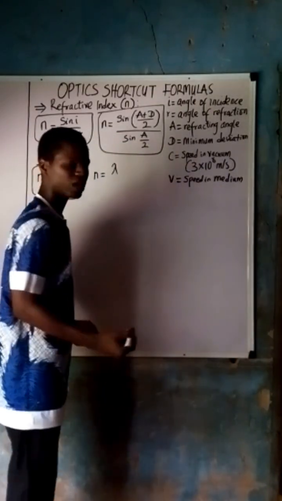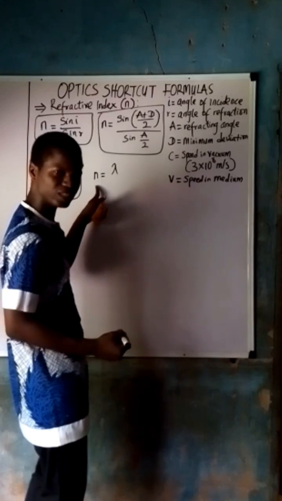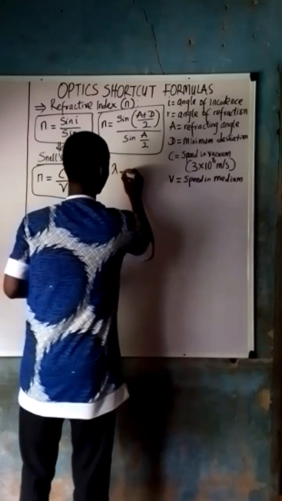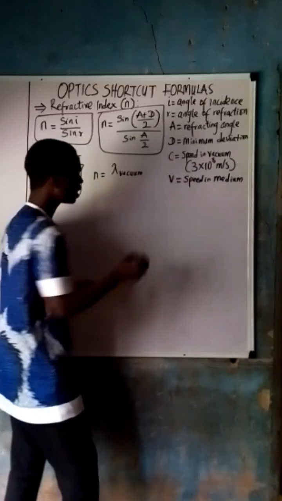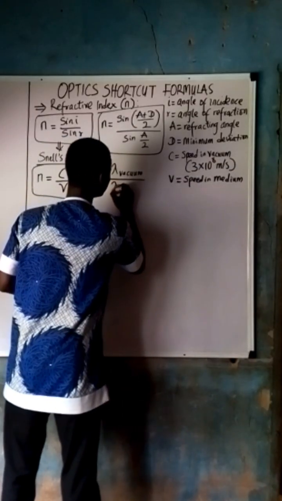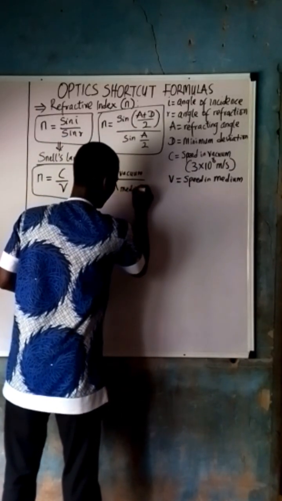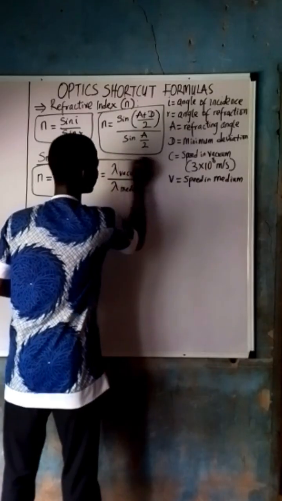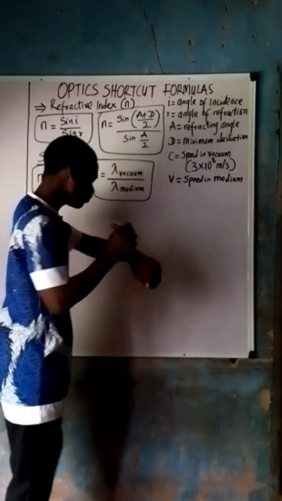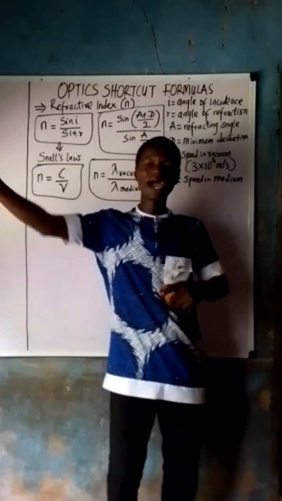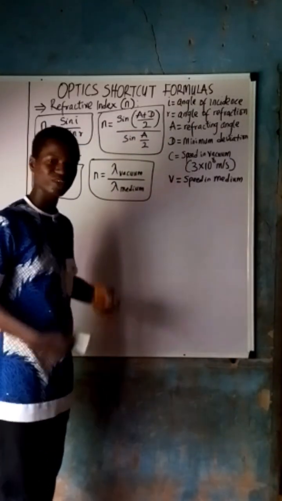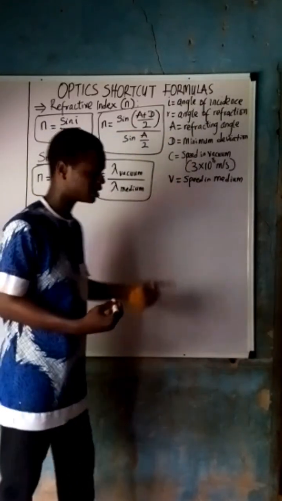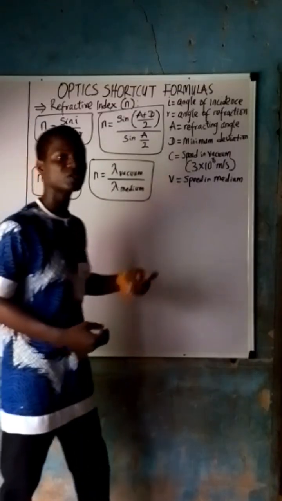Refractive index n equals lambda in vacuum, that is the wavelength in vacuum, over lambda in the medium. If you are given the wavelength for the two different media, vacuum and the medium, you can get your refractive index. I hope this is clear. Like I said, this symbol is called lambda.